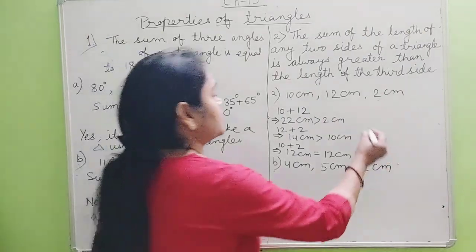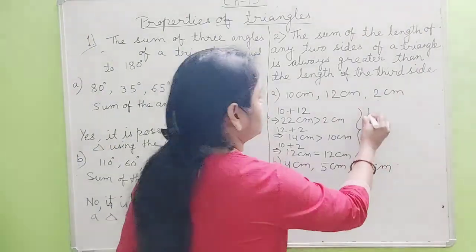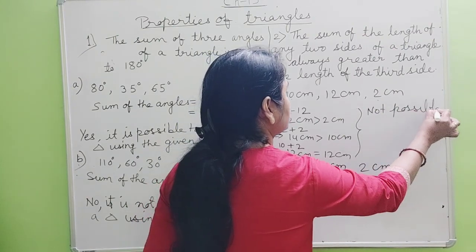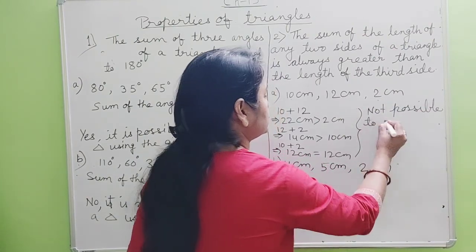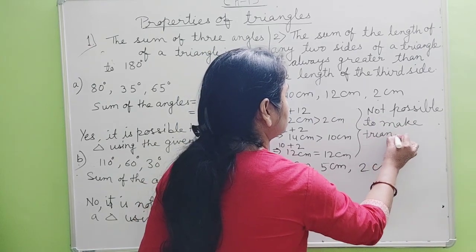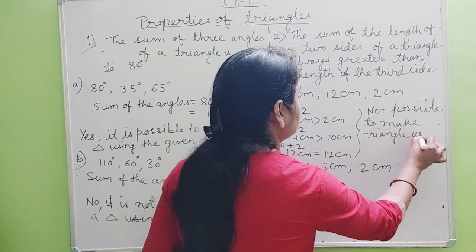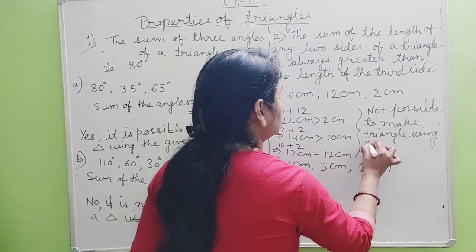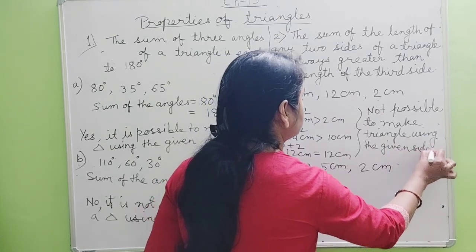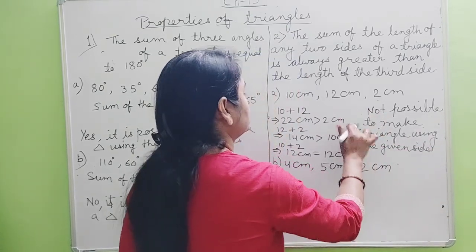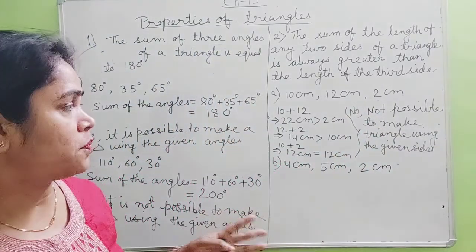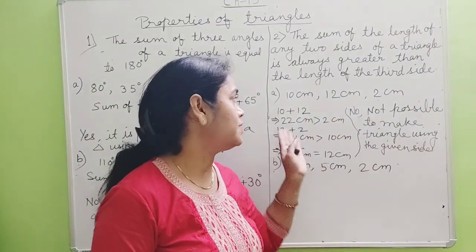So we will say not possible using the given sides. No, it is not possible to make a triangle using the given sides.